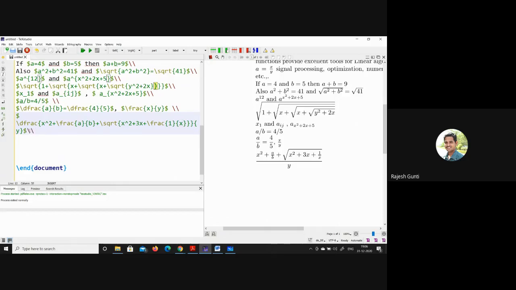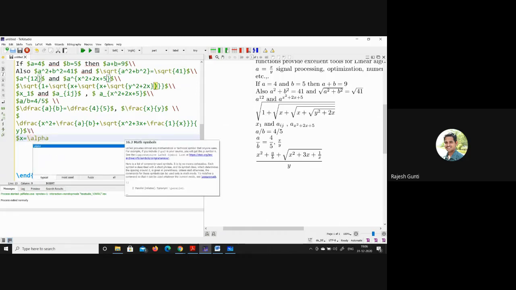Now I'm going to type. This is about the dfrac. Now there are Greek letters. I want to type Greek letters, so I have to know how to type them. This is one of the advantages. So x is equal to alpha. I want to type alpha, beta, gamma like this.